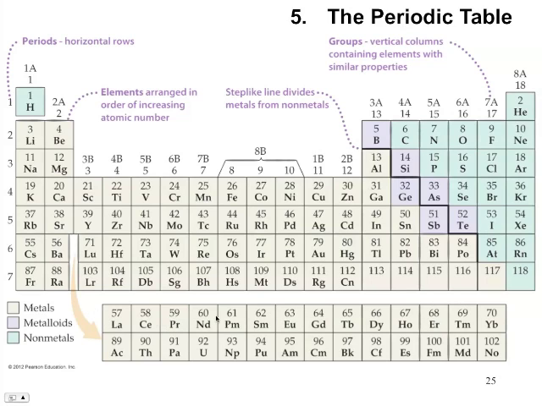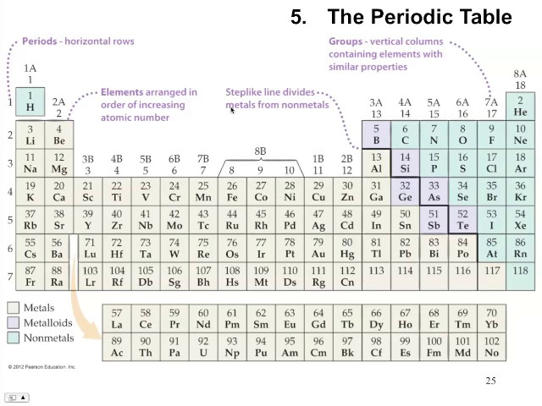The first row right here of elements are called the lanthanides. Lanthanum is the first element there, from lanthanum to ytterbium, and then that 6th row is completed at radon. The 7th row begins at francium, radium, and then we insert the second row of elements right in here. These are called actinides, and nearly all of them are radioactive.